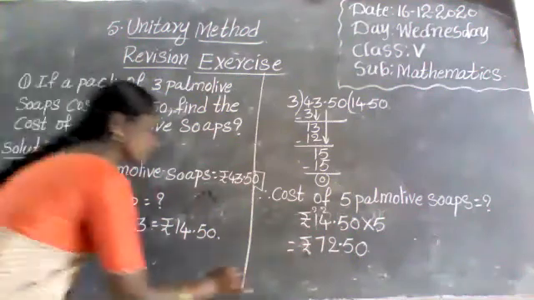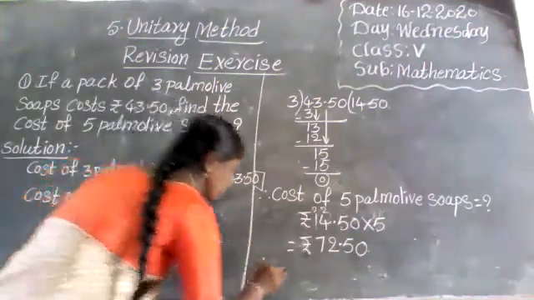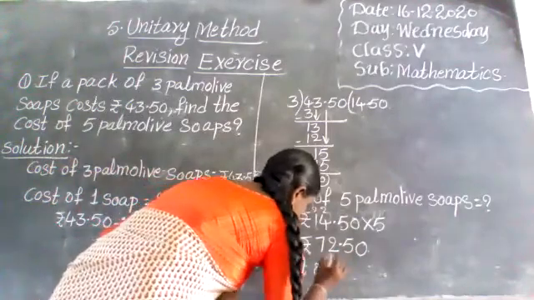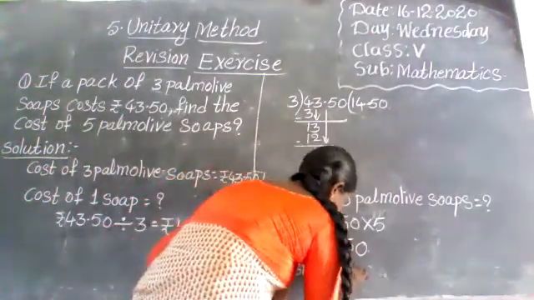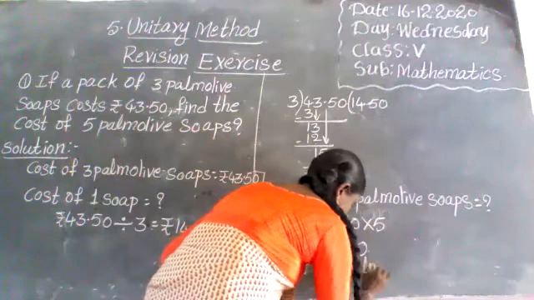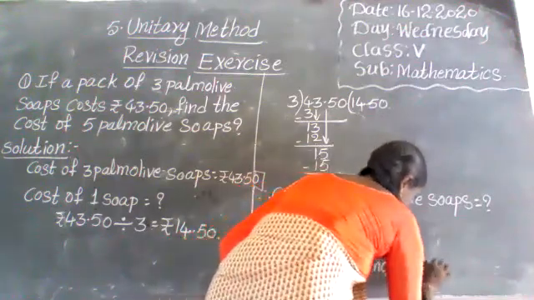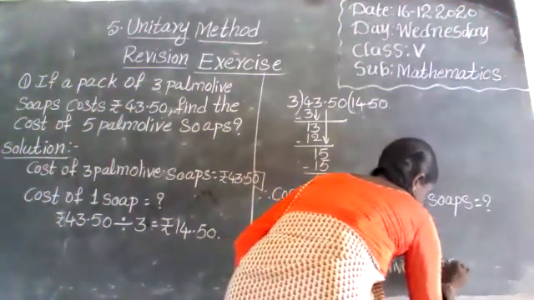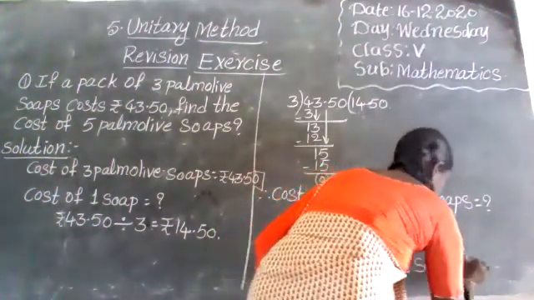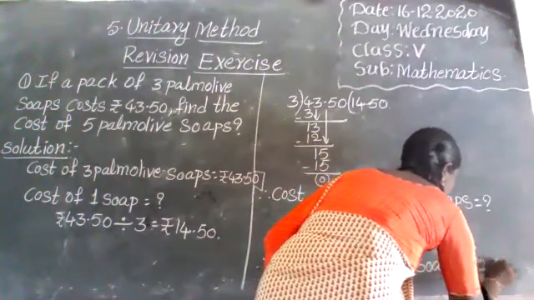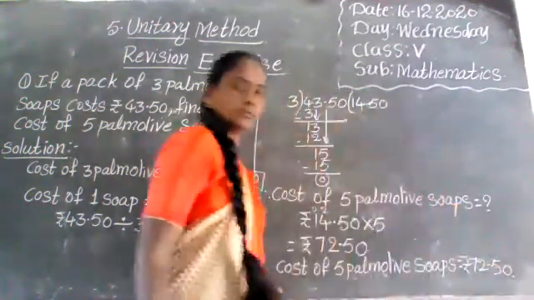Okay. Cost of 5 Palmolive soaps: 72 rupees 50 paise.